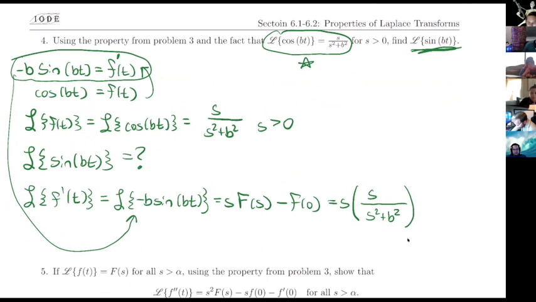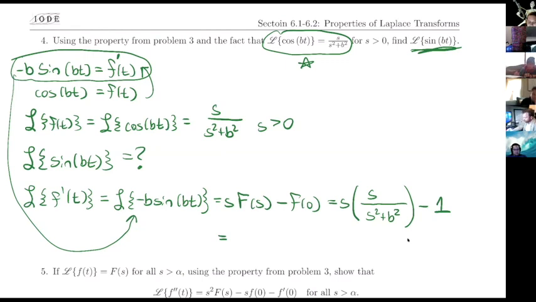And then we would subtract f of 0 from that. And again, our function f is right here. So what do I get when I evaluate this at 0? 1. Yeah, 1, right? We just get cosine of 0, which is 1. So if I simplify all of this, I'm going to write this over a common denominator.